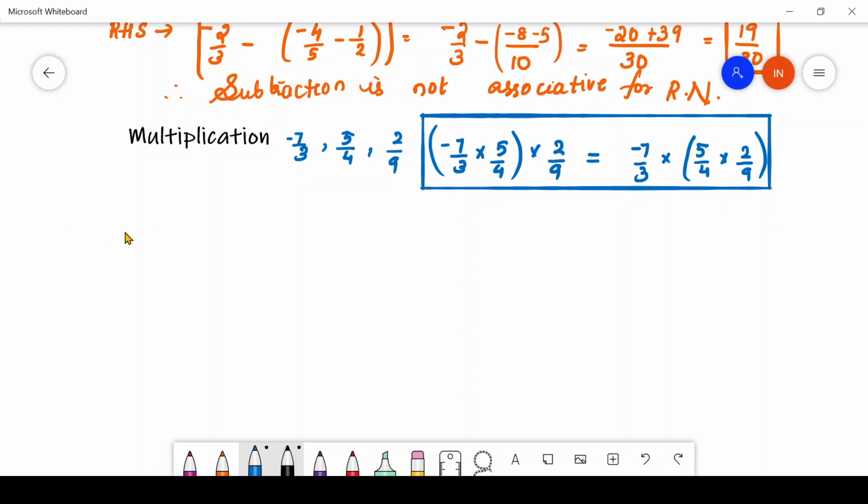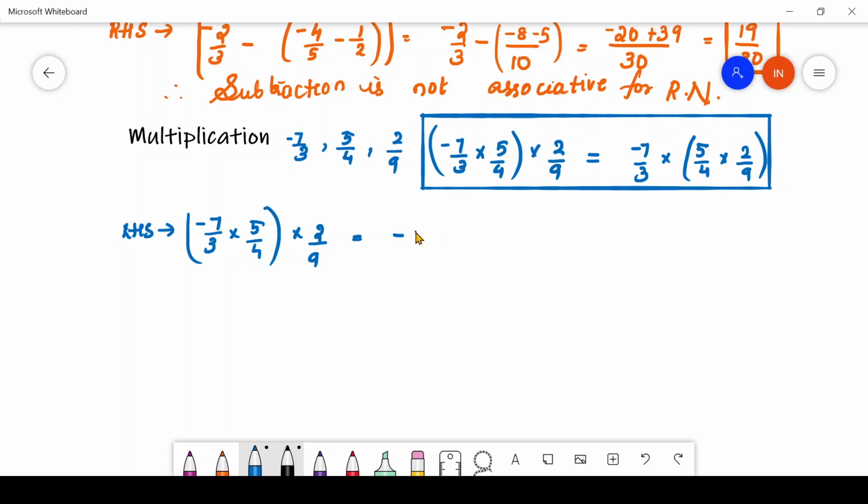Now we are going ahead with the example. What is the LHS over here? Negative 7 by 3 multiplied with 5 by 4 multiplied with 2 by 9. So this is the left hand side. Multiplication, you know, that is very easy.